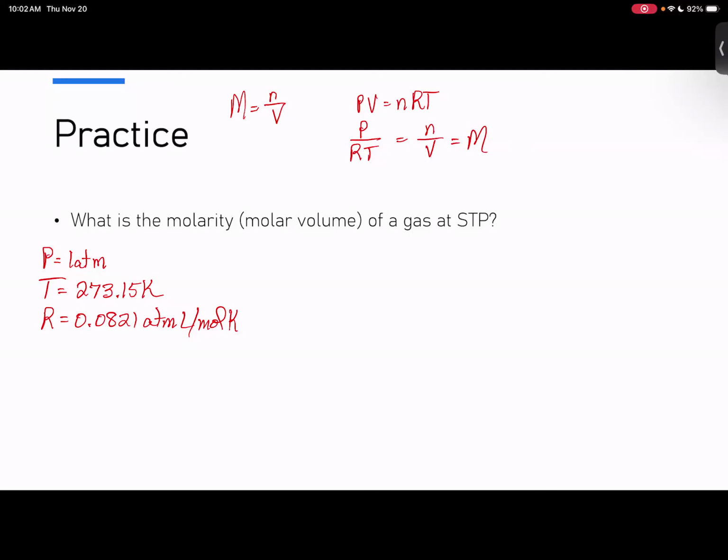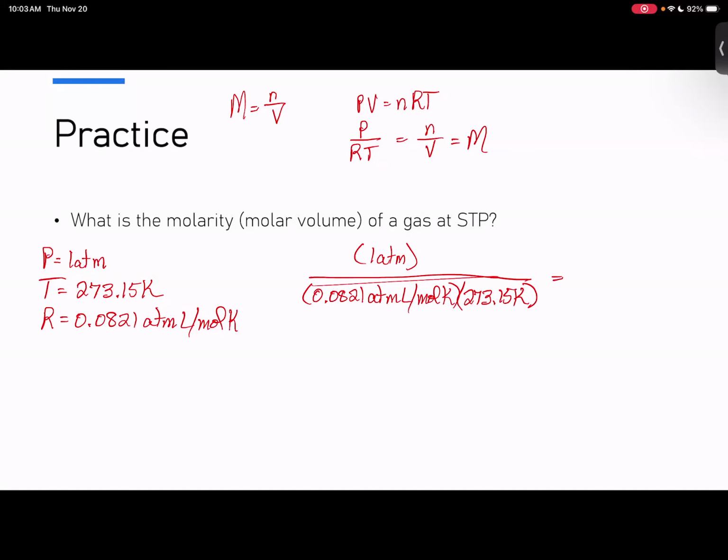We need n over V, which is the molarity. So plugging this information in, we have 1 atmosphere divided by 0.0821 atmosphere liters per mole Kelvin times the temperature in Kelvin of 273.15 Kelvin.